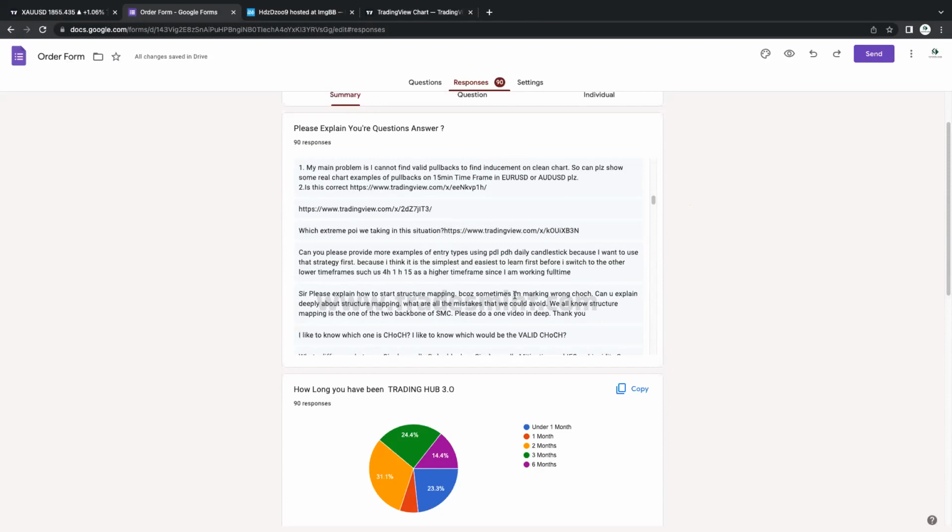And when the market breaks the previous day high or low, it doesn't mean that every time you will get an entry, right? It depends. When the market is bullish and breaks the previous day low, then there is a very high chance you will get an entry for a buy. When the market is bearish and breaks the previous day high, then there is a very high chance you will get a sell entry, right?